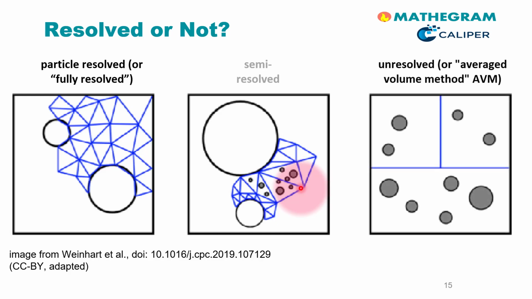This already brings me to the unresolved approach, which is called the averaged volume method, or AVM, in some literature references. The reason for this naming is that none of the particles are resolved by the CFD mesh, and particle information is averaged over individual mesh volumina.